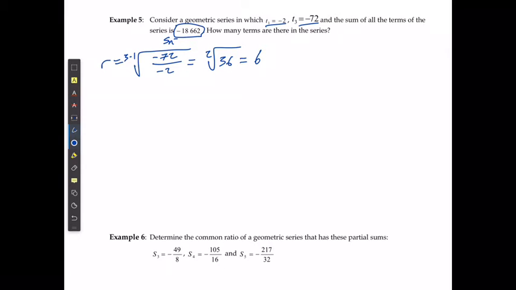Now I'm going to use this information in order to solve the number of terms.